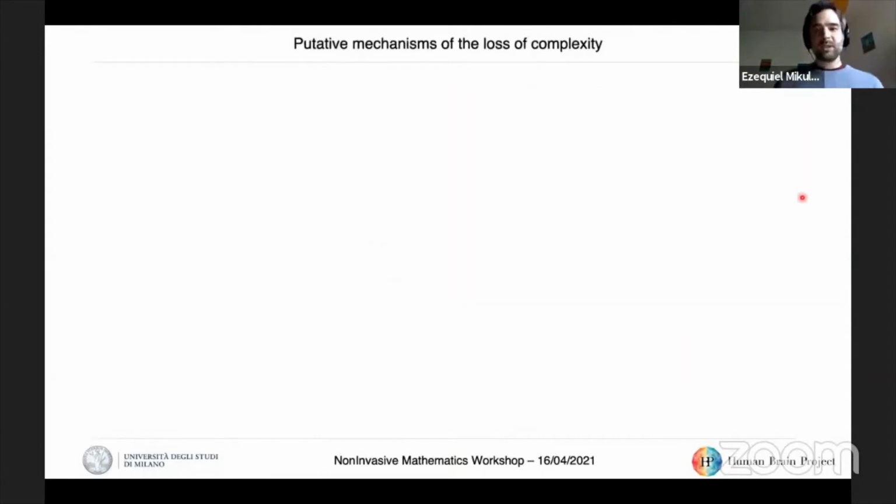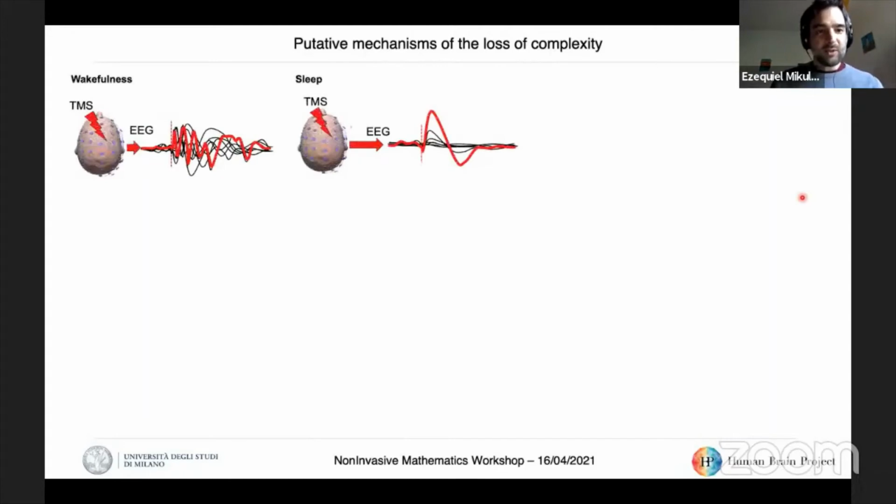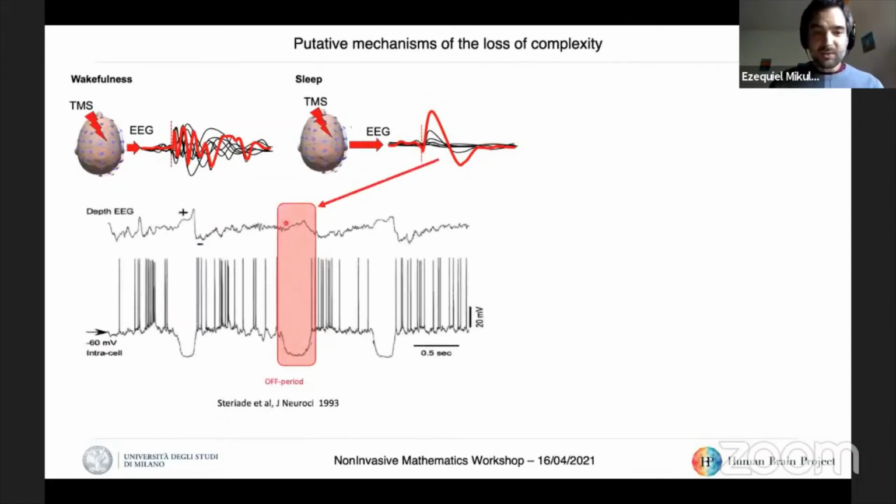So which could be some mechanisms that underlie this loss of complexity during unconsciousness? If we look at the sleep response, as I mentioned, you can see that this is mainly a slow wave, and this resembles spontaneous slow waves occurring during sleep.